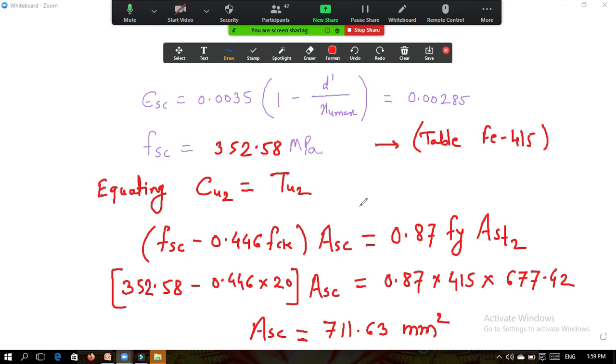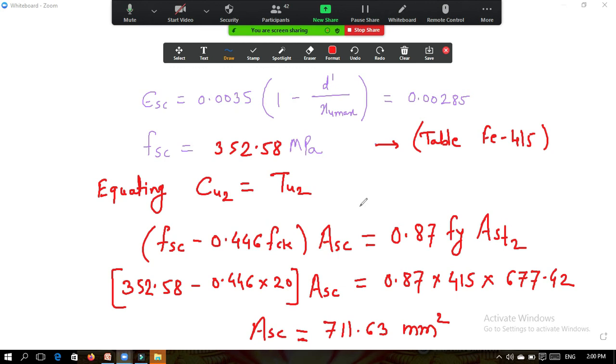So now we will provide steel at the top of the beam. For the top of the beam, use bar diameter 16 mm. See how many bars you are getting. If the number of bars is more, increase the bar diameter. If the number of bars is very less, then decrease the bar diameter.